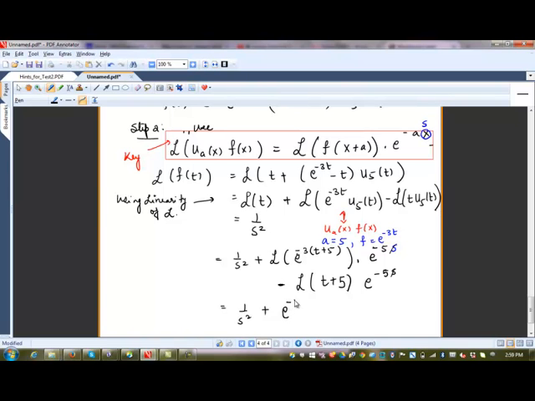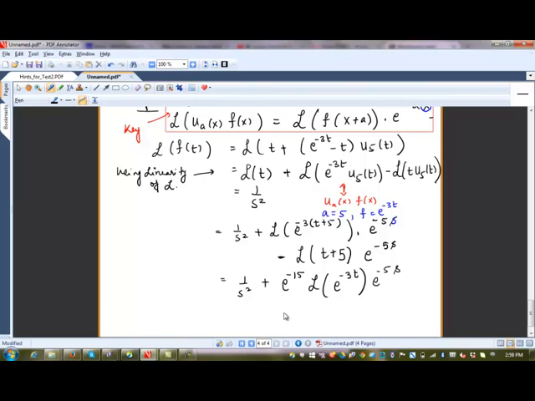So I can write it as e to the power minus 15 times the Laplace transform of e to the power minus 3t, times e to the power minus 5s. The last term, the Laplace transform of t plus 5, can be further written as the Laplace transform of t plus 5 times the Laplace transform of function 1.